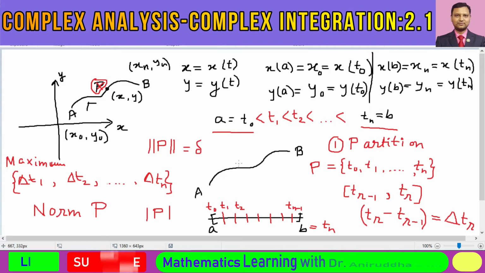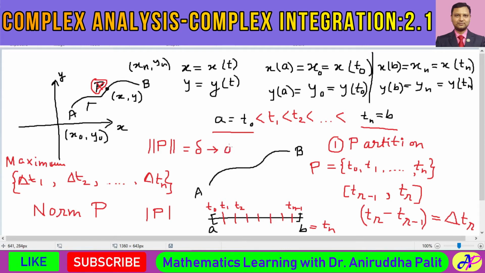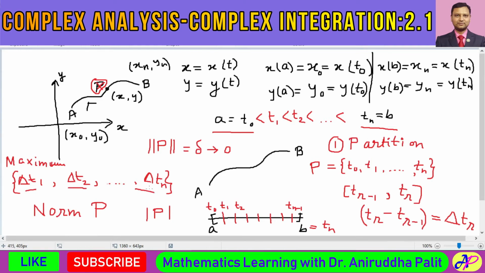And what is the utility of this kind of norm? You see, the utility is that if you take the norm tending to 0, norm meaning the maximum value of delta t1, delta t2, up to delta tn.